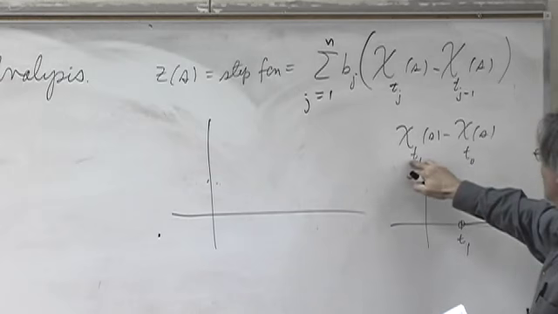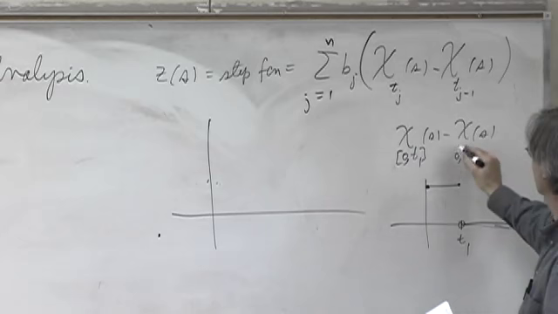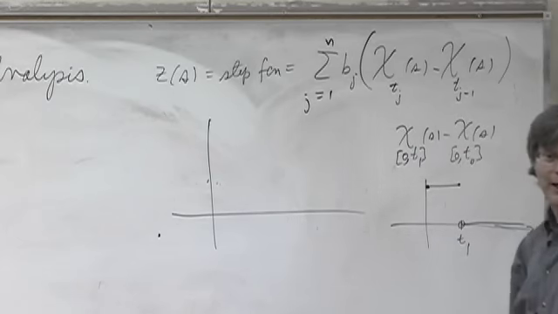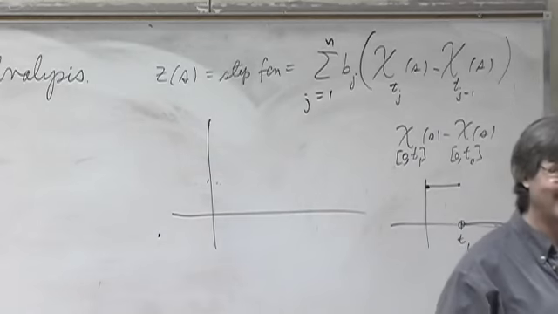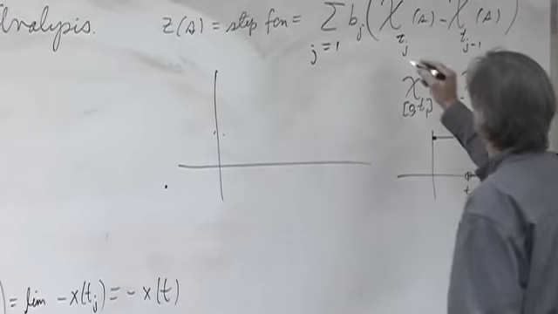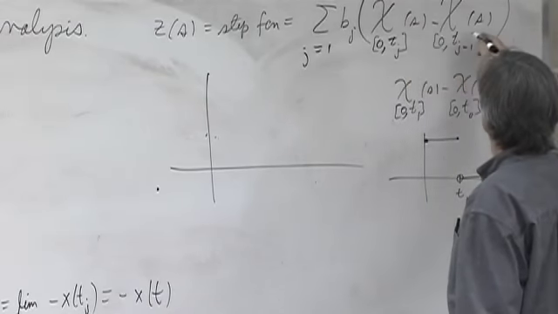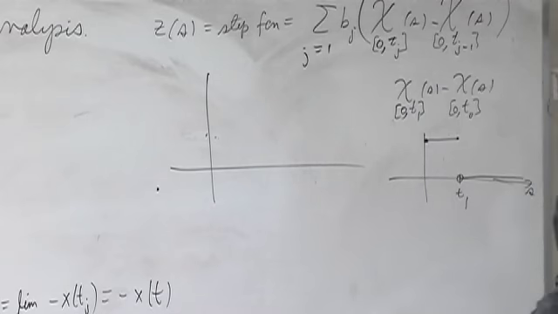Remember, this stands for the interval 0 to t_1. Maybe it's better to write it with the actual interval as a subscript. It might be easier to see what I'm talking about. Let's take the whole interval as a subscript. It's the indicator function of that interval.